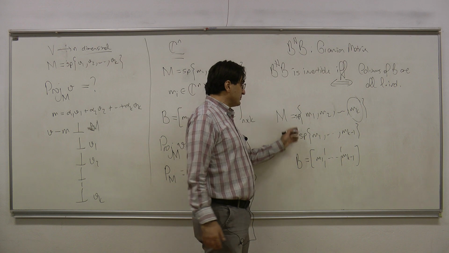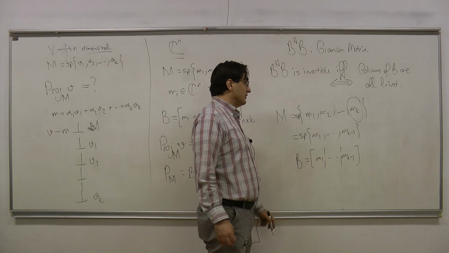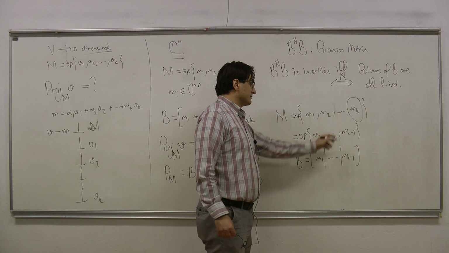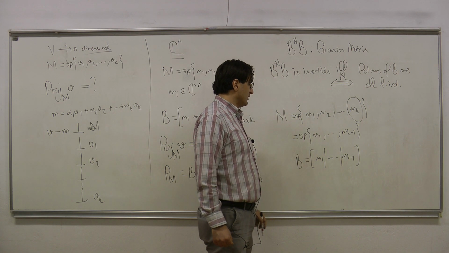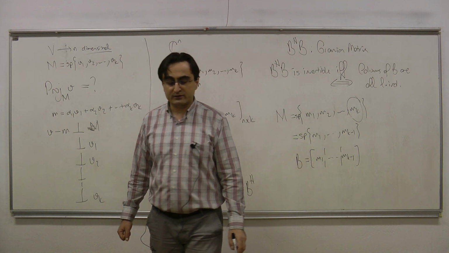And since these spans are actually the same, if m1 to mk minus 1 are linearly independent, then this is going to be a basis set for this subspace. And then you can form your B out of the basis vectors.